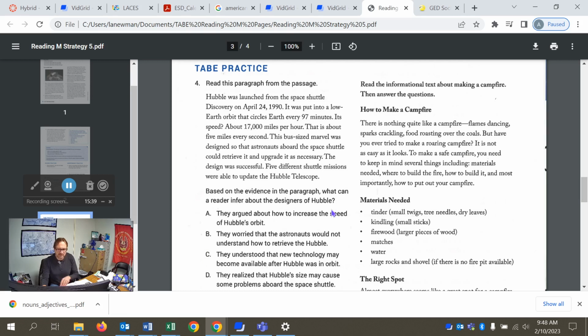All right, number four. Based on the evidence in the paragraph, what can a reader infer about the designers of Hubble? And it's based on this paragraph itself, where the author talks about how at various times there were missions to upgrade and improve the Hubble telescope in the years after it was launched.